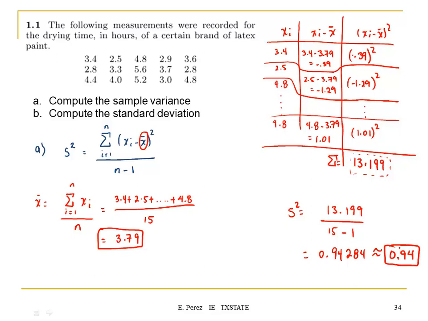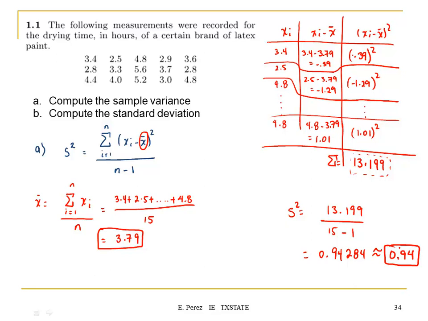Any questions? So for the purpose of the homework and the exam, you can use 2 decimal digits. So what is part B? How do you compute the standard deviation? The square root of 0.94, correct?